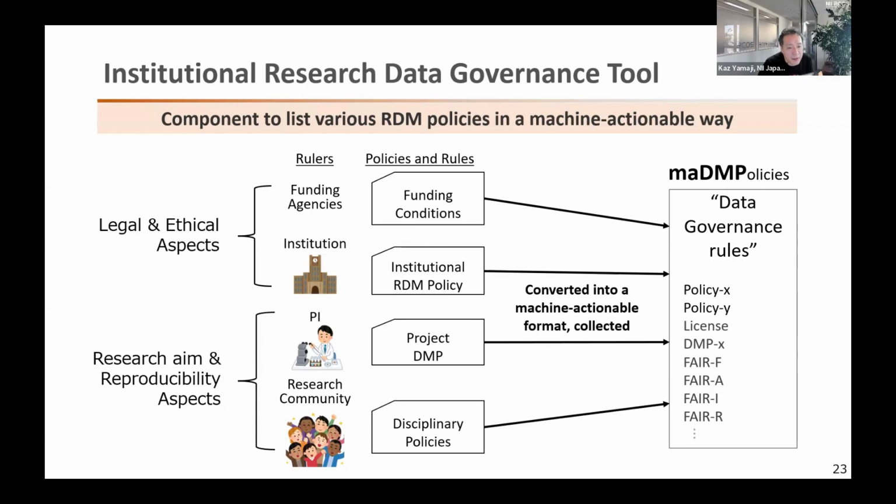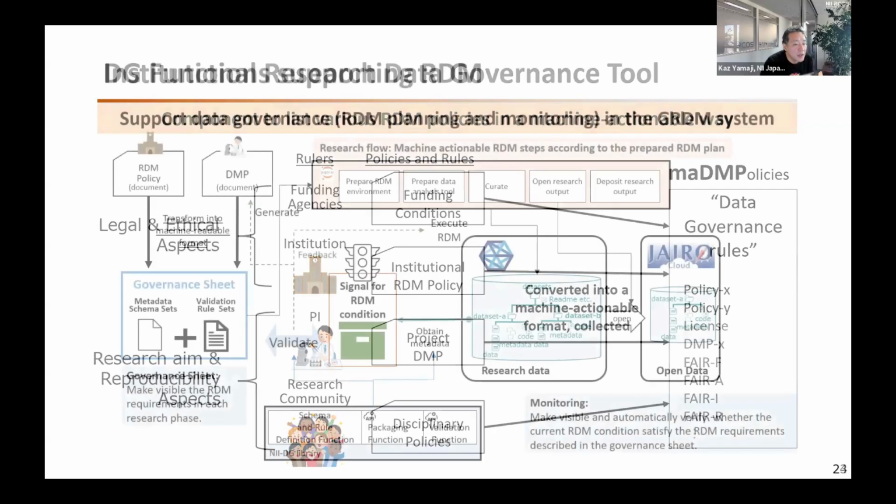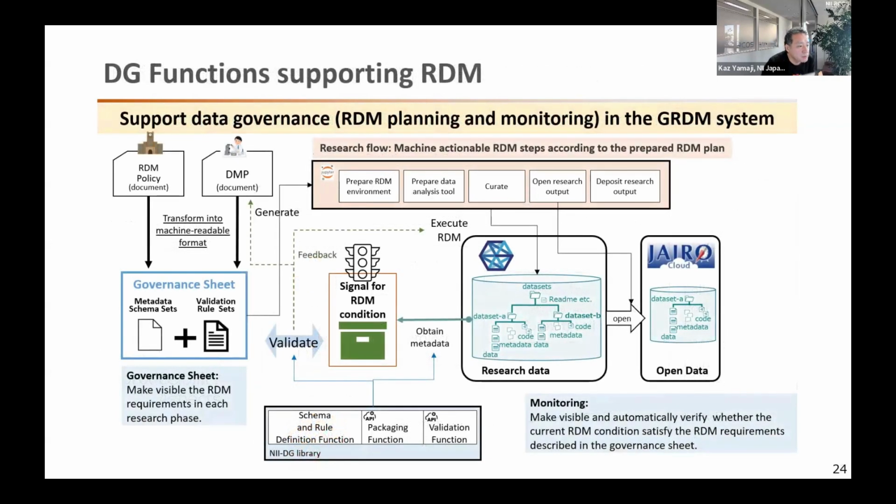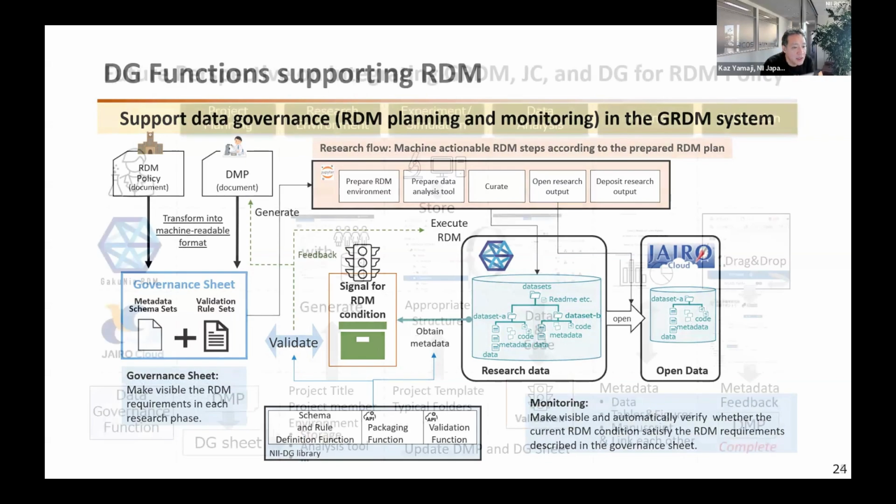And then we are trying to pick up the things they have to manage from the data policy, and then try to prepare the actions as machine actions with the DMP. And then our data governance platform produces the governance seeds based on the DMP, and then tries to control our NII research data cloud.